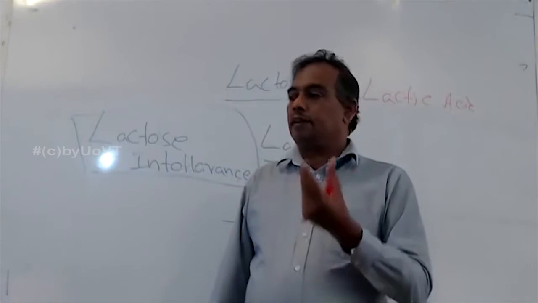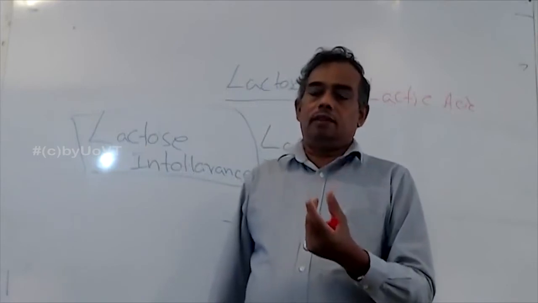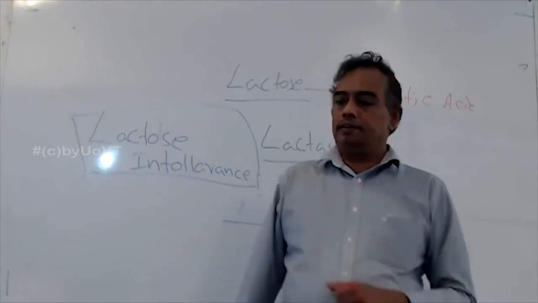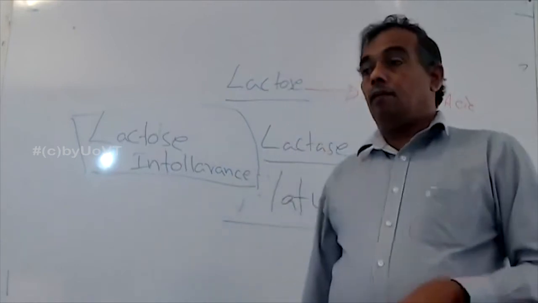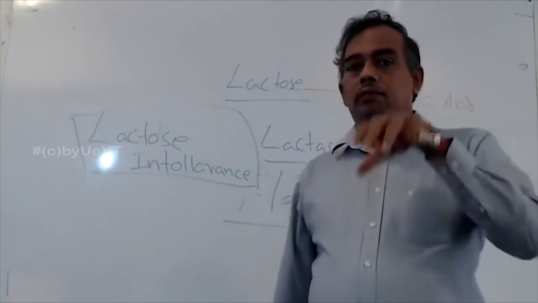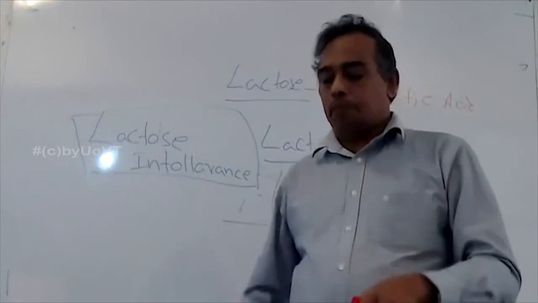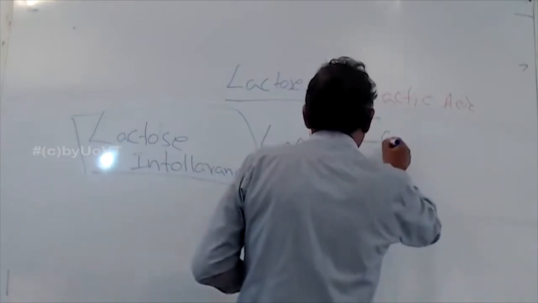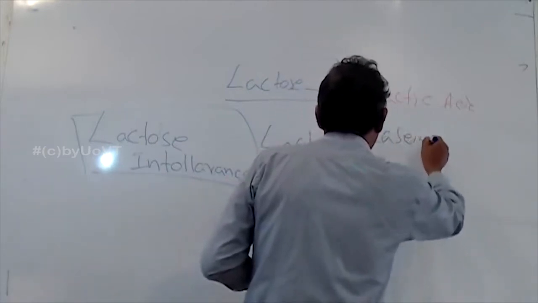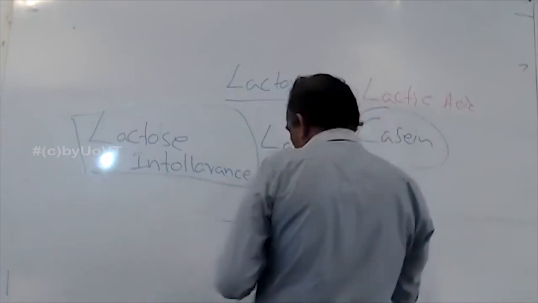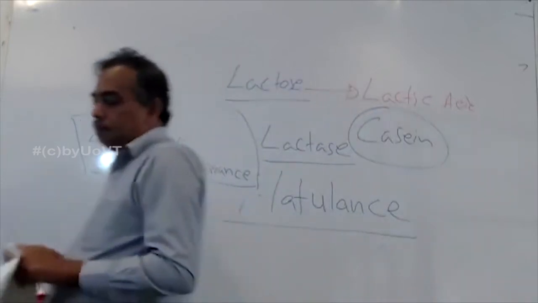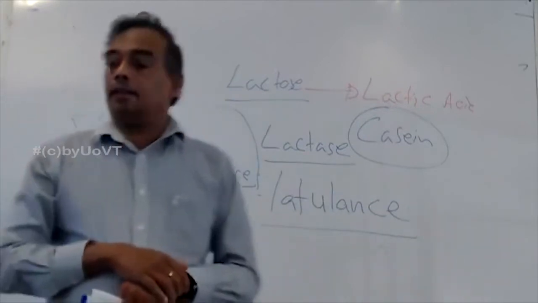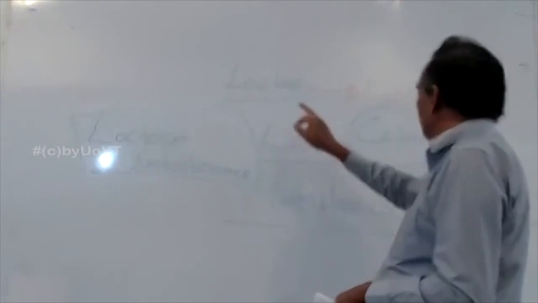If you take lactose in free form, without milk, as a sugar, it is a very sweetening agent, more sweet. But within the milk, that sweetening capacity of lactose is masked by the milk protein casein.